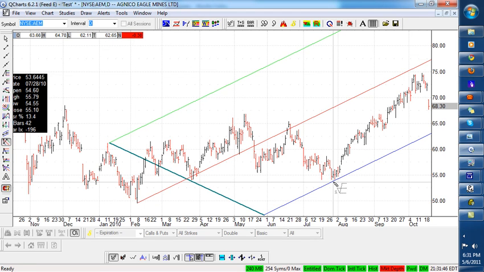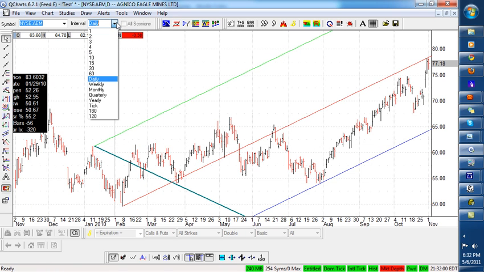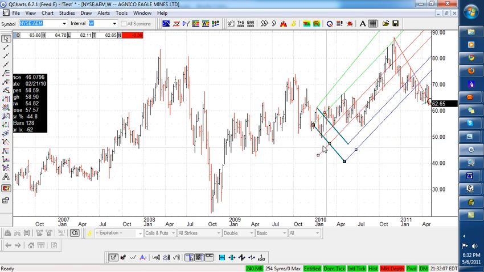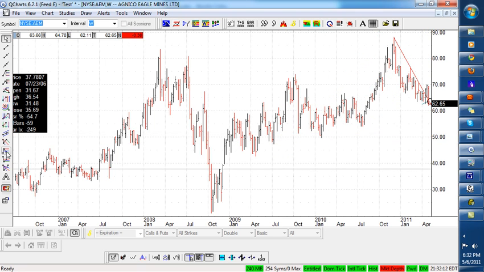Okay. Now, one of the things you do have to make allowances for, and that is for holidays. This chart here does not include holidays, so if I were to draw this with holidays in mind, I would probably get a little bit of a different result.